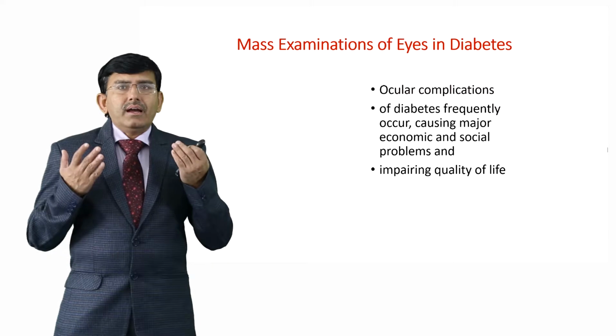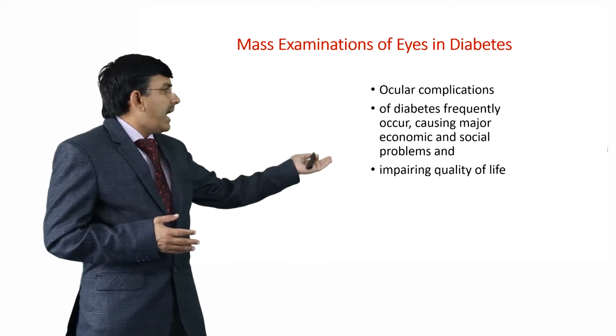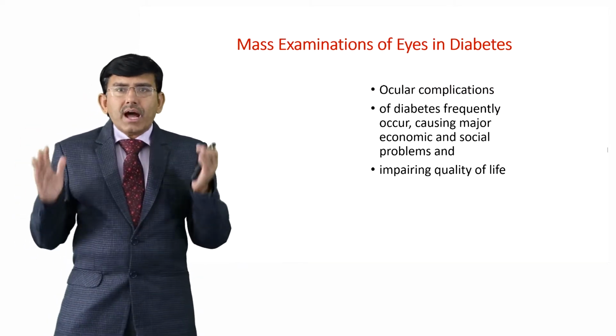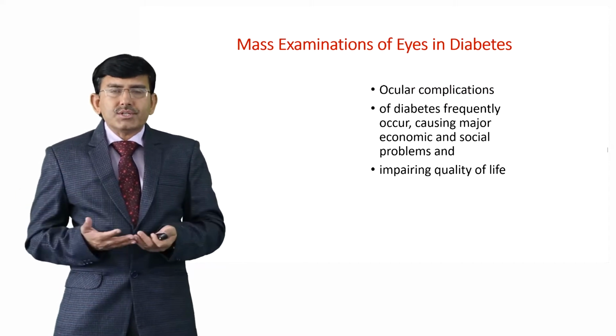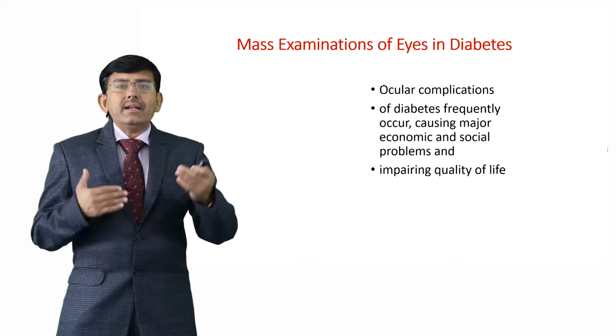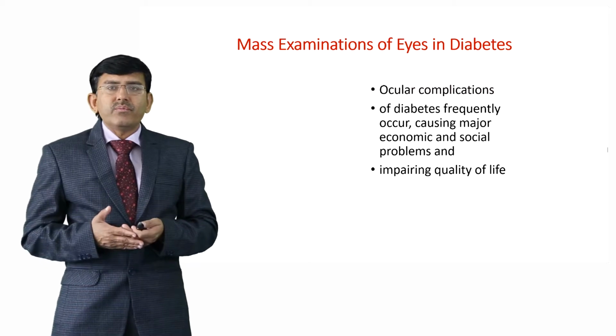In a mass eye examination camp, if we capture and examine a large group of people at a time with an automated system, then it will be faster, accurate, and a first type of screening can be possible to do.